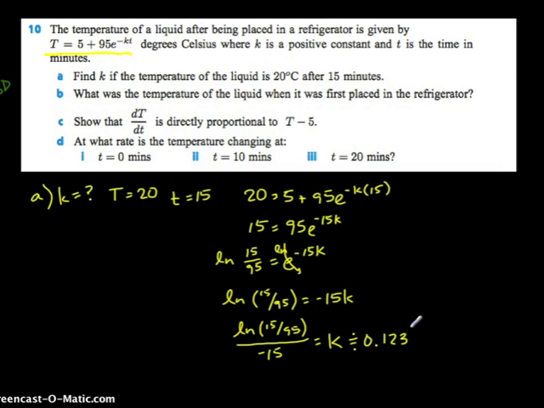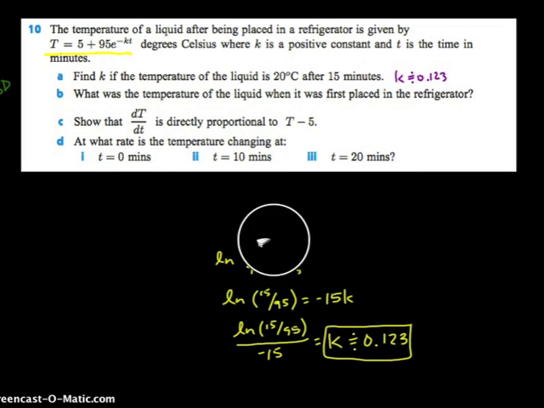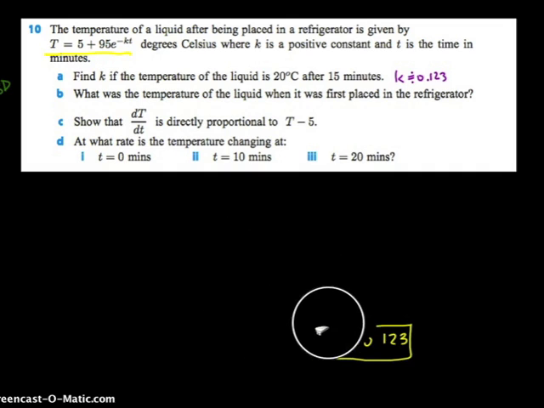And this is the value of k that we are going to use for parts B, C, and D. Just to keep it handy, I'm going to write it up here next to part A. So k is approximately equal to 0.123. All right. Now as we go into part B, we need to figure out the temperature of our liquid when it was first placed in the refrigerator.